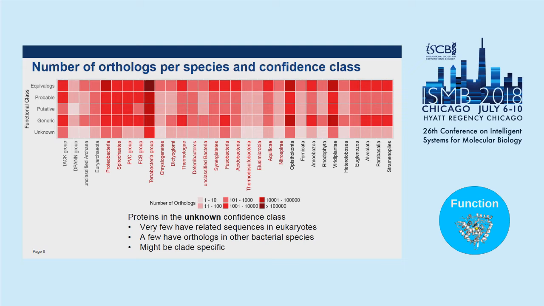We can see that the equivalog group is the most enriched in orthologs across all 3 kingdoms. That contrasts with the unknown group, which has very few orthologs in eukaryotes or archaea, and a bit more in bacteria, especially in Terrabacteria, to which Mycoplasma mycoides belongs. That suggests that the proteins might be clade-specific.